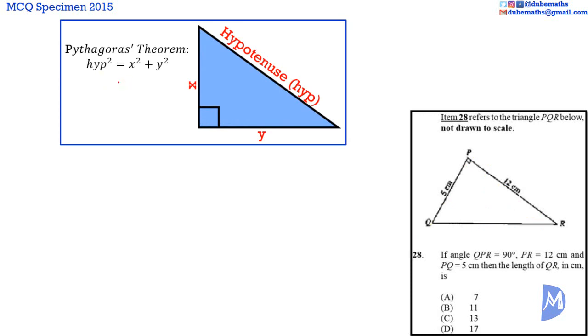Therefore, the hypotenuse squared is equal to 5 squared added to 12 squared. 5 squared is equal to 25. 12 squared is equal to 144. 25 plus 144 is equal to 169. The hypotenuse squared is equal to 169. Therefore, the hypotenuse is equal to the square root of 169. The hypotenuse is equal to 13. The answer is C.